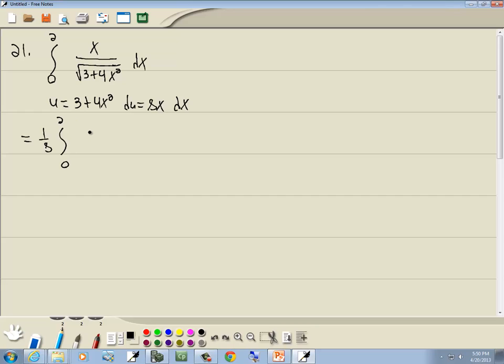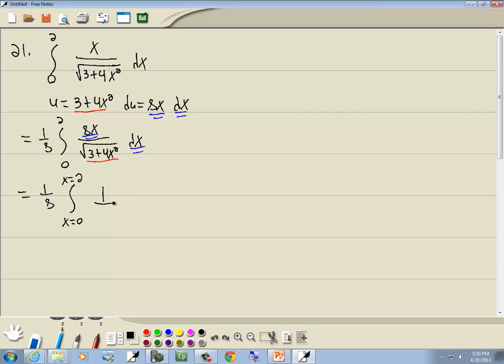0 to 2, and then we've got 8x times the square root of 3 plus 4x squared dx. Okay, 3 plus 4x squared matches that. 8x, 8x, dx, dx. So everything matches. So this is going to become 1/8, and I'll put some x values here. This is x equals 0 and x equals 2.